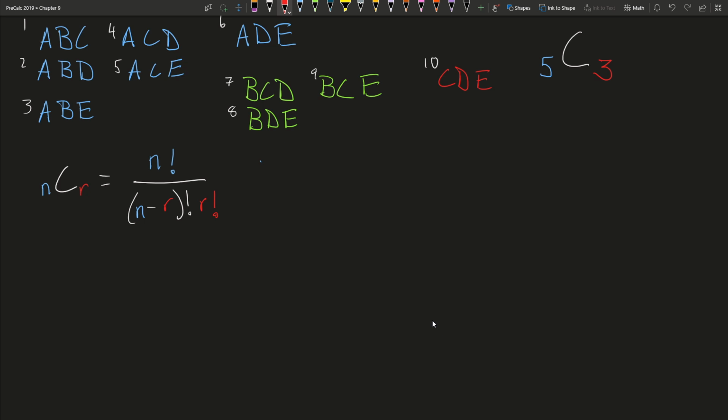Okay, so this is our equation. This is what we're going to have to be plugging stuff into. So given 5 choose 3, if we plug that in, we get 5 factorial divided by 5 minus 3 factorial times 3 factorial.